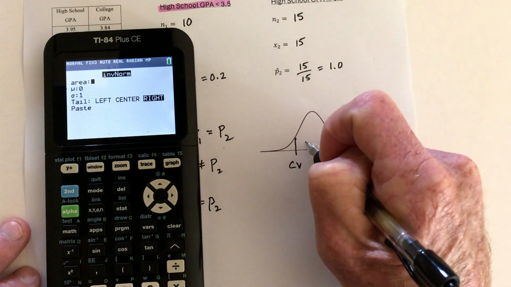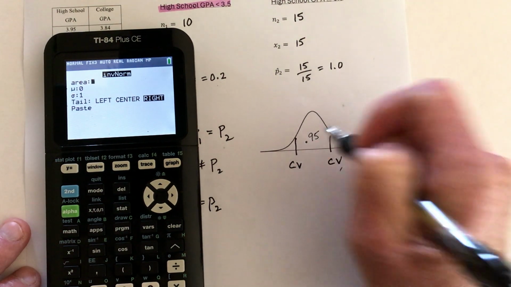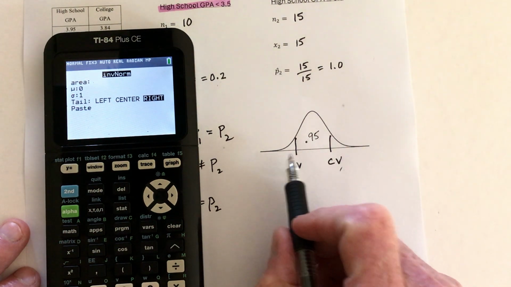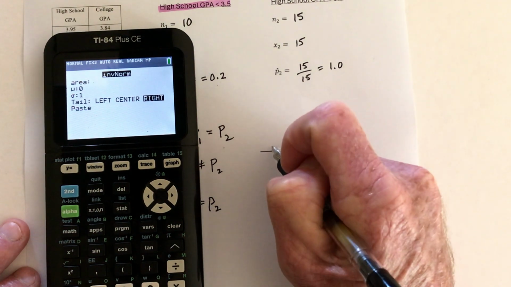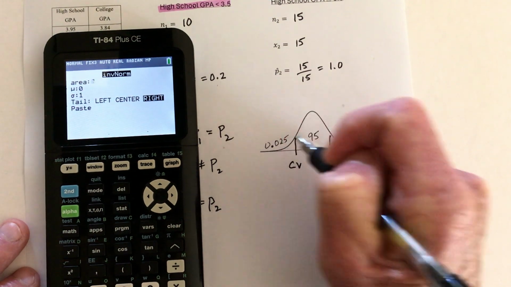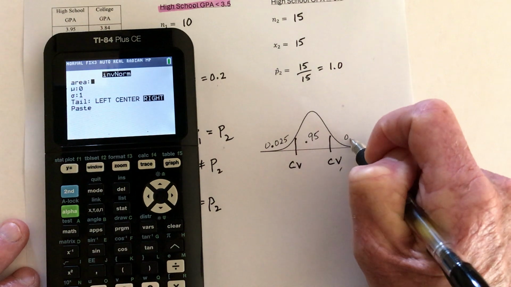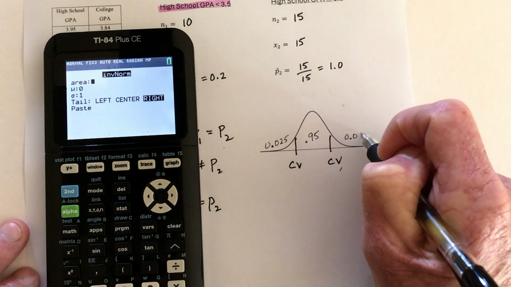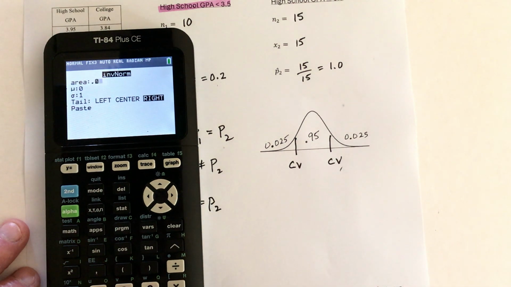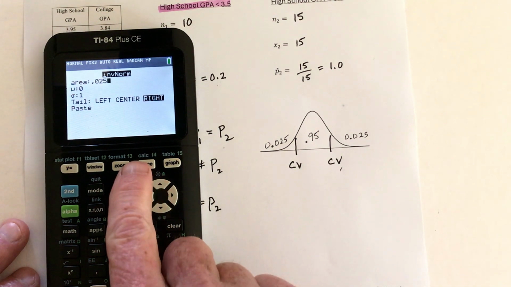So we'll use a 95% level of confidence, which means that there is 5% left over for these 2 tails. If you cut that in half, it's 2.5%. So in decimal form, that's 0.025 and 0.025. So I can tell it it's going to be 0.025.